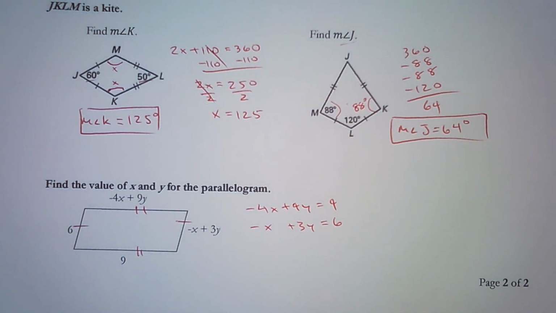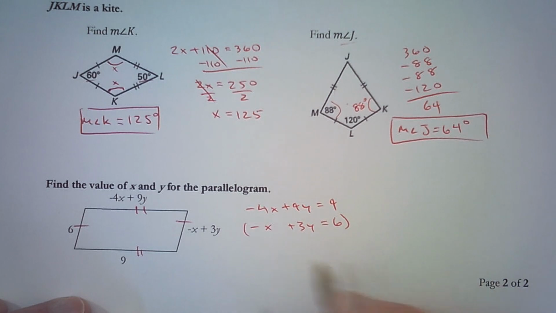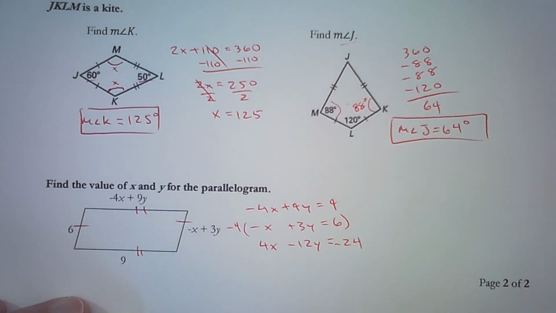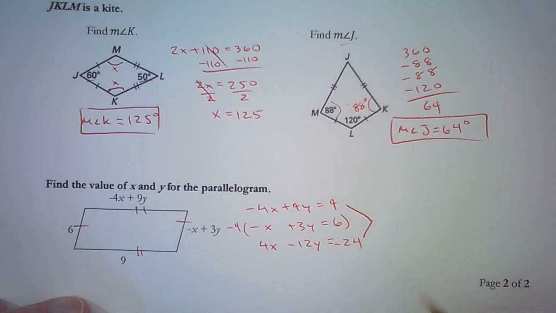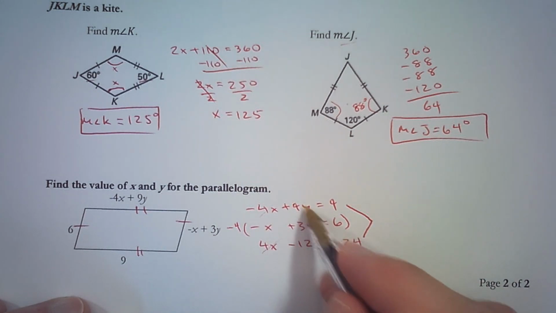Okay, so I'm going to have to eliminate either the x's or the y's. I'll eliminate the x's by multiplying this one here by negative 4. And that gives me positive 4x minus 12y equals negative 24. Now if I combine these two equations, the x's will cancel.